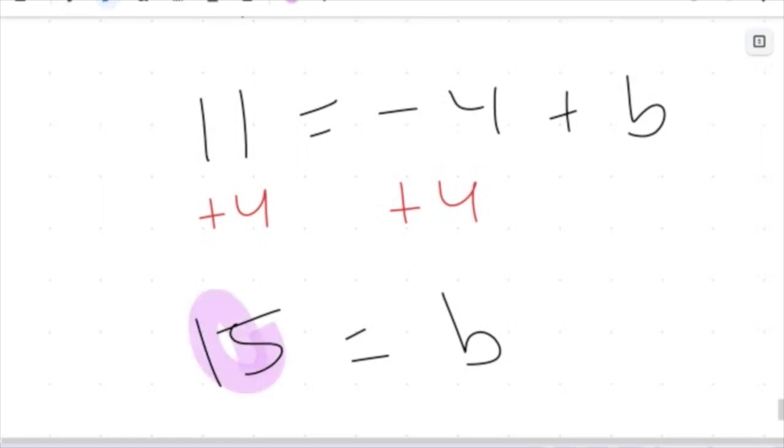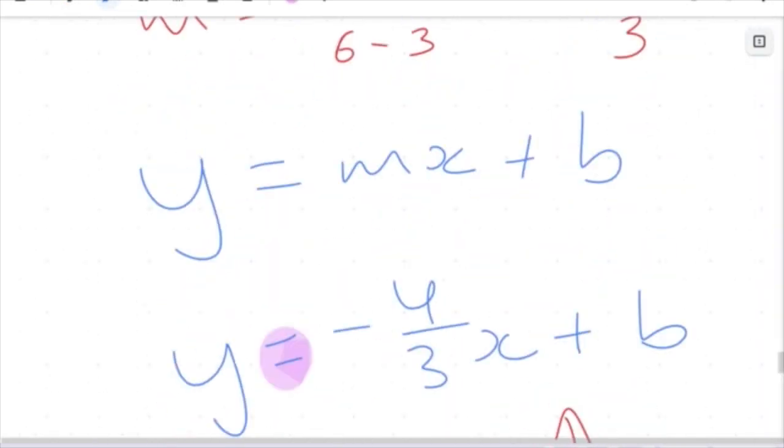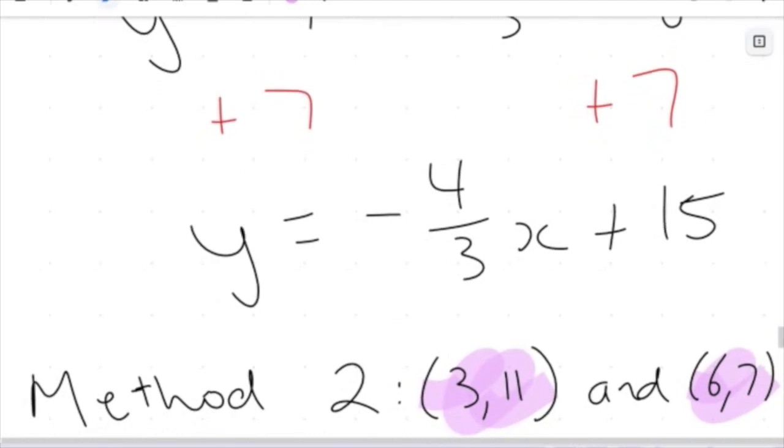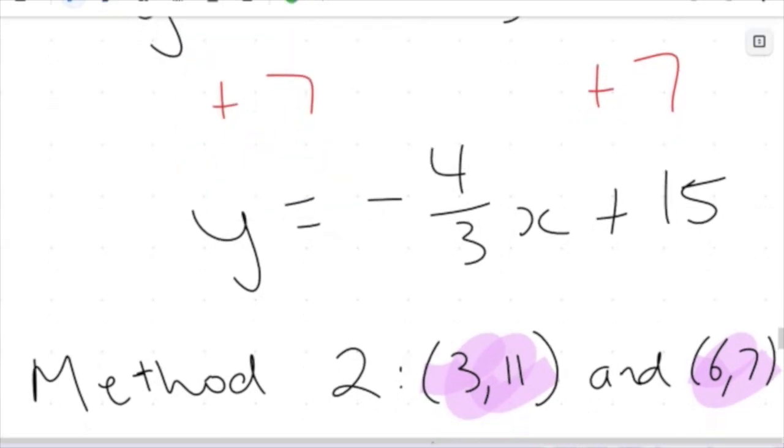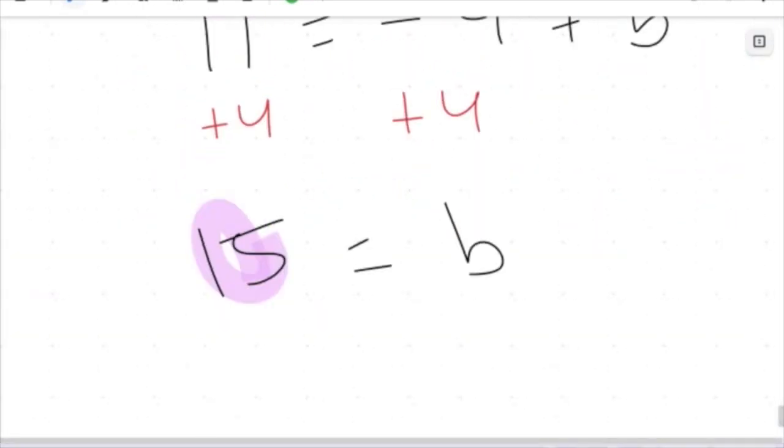And look at that, that number 15 ends up being the y-intercept. If we look at this as y equals mx plus b, my b is 15, the value that I confirmed down the bottom here.